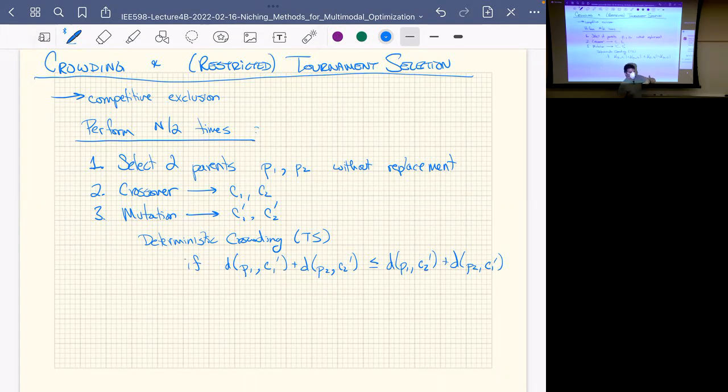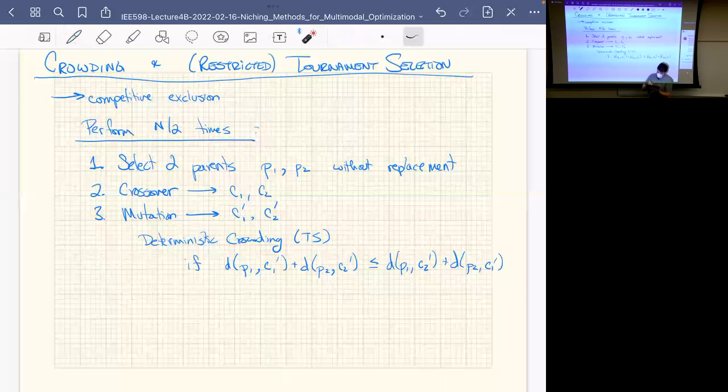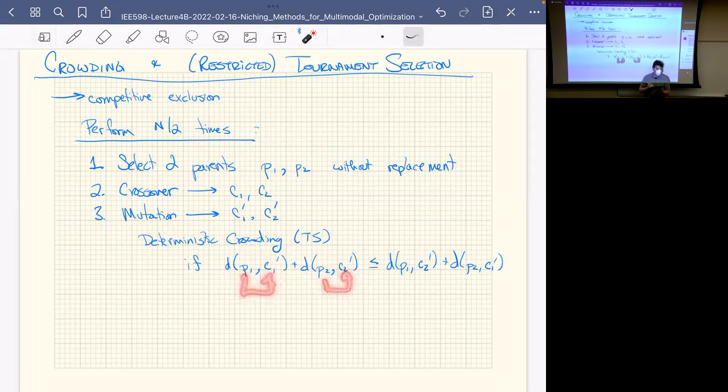We're just determining the pairings here. So basically if offspring 1 is closer to parent 1 and offspring 2 is closer to parent 2, then compete 1 against 1 and 2 against 2.